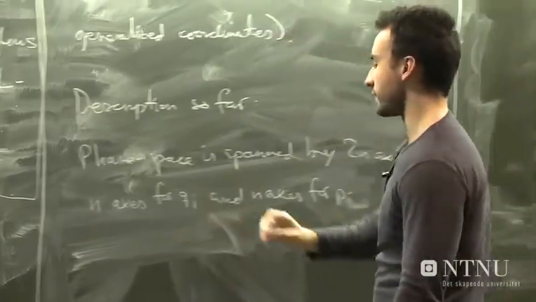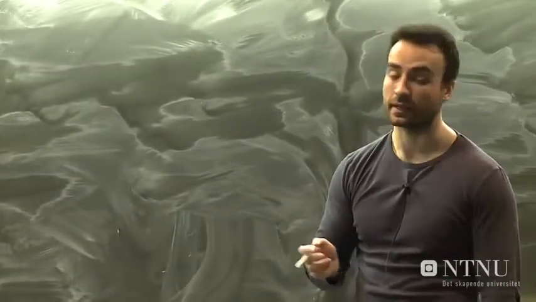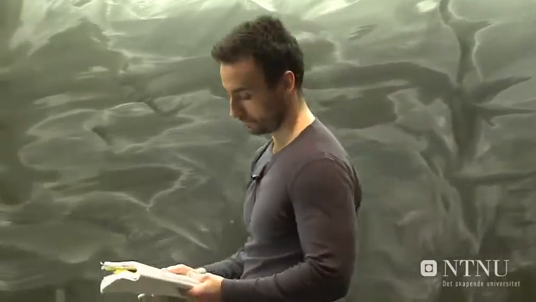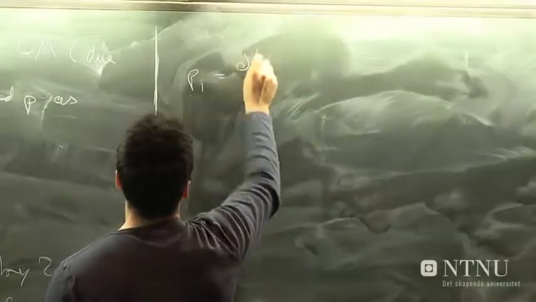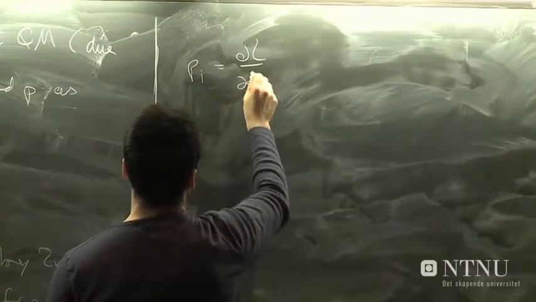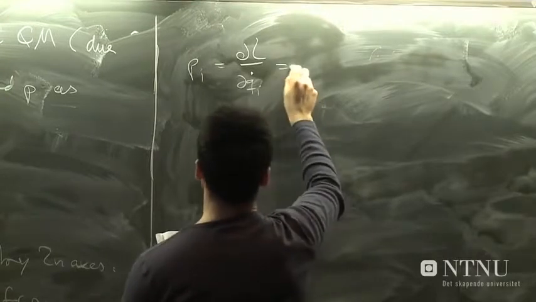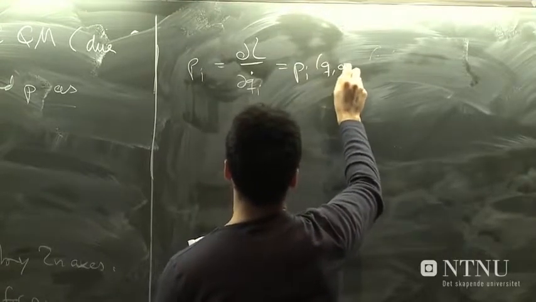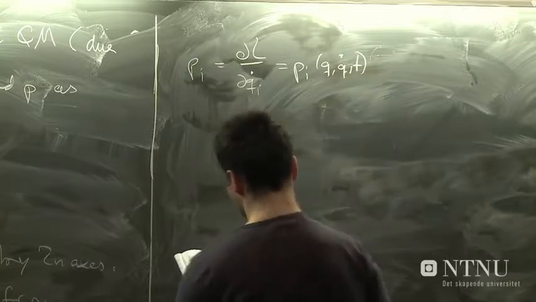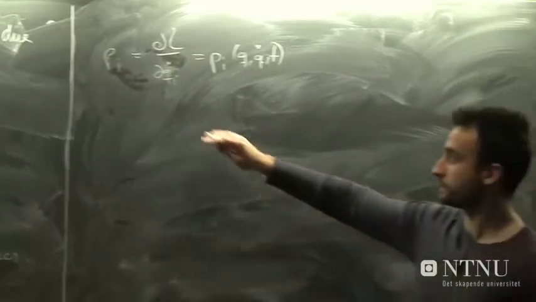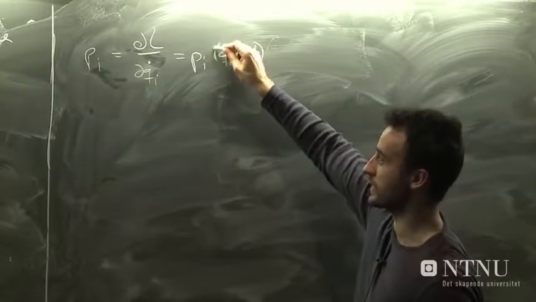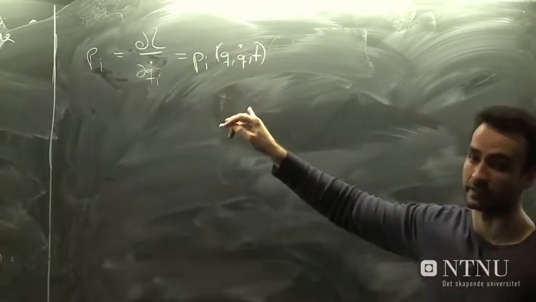So we have been talking about this phase space, which is spanned by two n-axes. We have n-axes for qi and n-axes for pi. So the canonical momenta may be obtained if we know the Lagrangian of the system as follows. So it will be a function in general of q, q dot, and time.